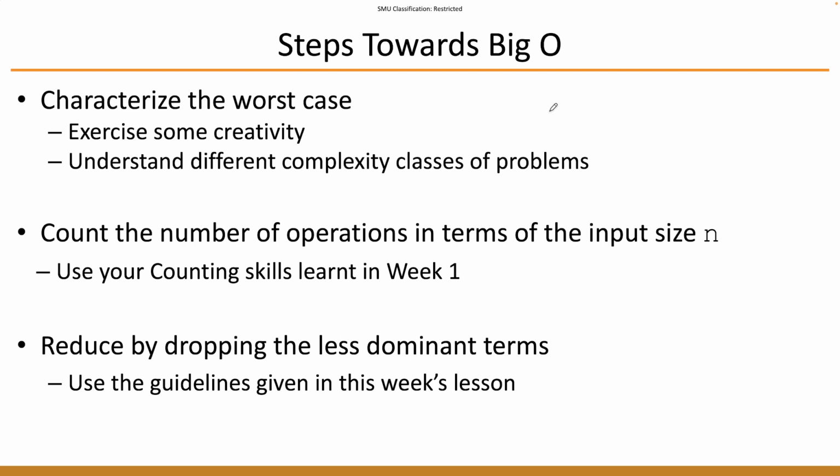The key step is that we drop the less dominant terms, just like in the previous 2 pages, and we also drop the constant coefficients. Then we will have something really simple, for example, big O of n squared. All the lesser terms and constant coefficients should disappear in your final writing.